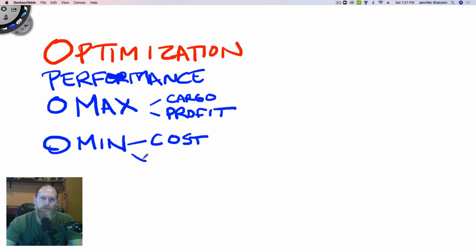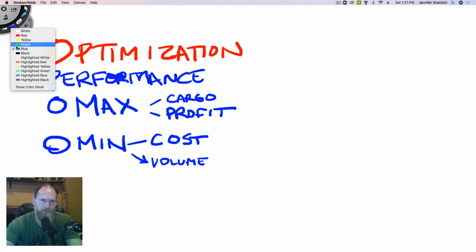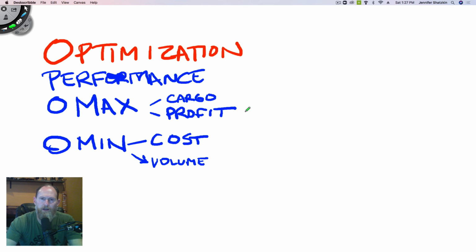We might also seek to minimize volume if we do have some constraints, other things like that. But really, out of the times that we do optimization, in the top 3 times, the reason we do it is either to max profit or to minimize cost. And in our example today, we're going to minimize cost.